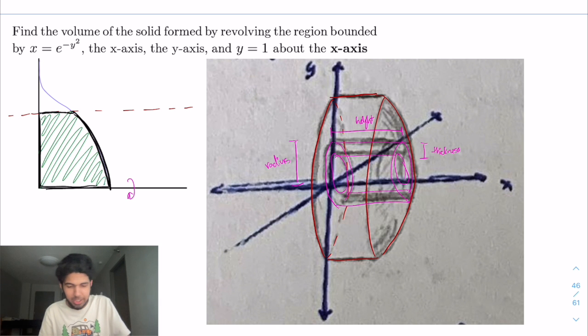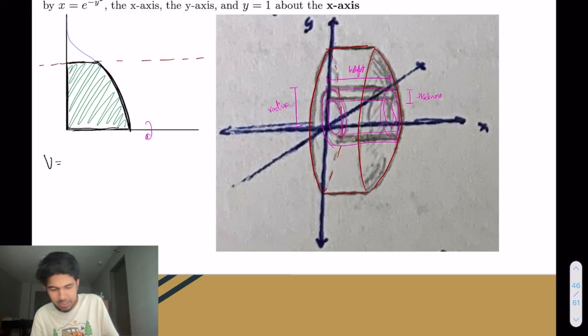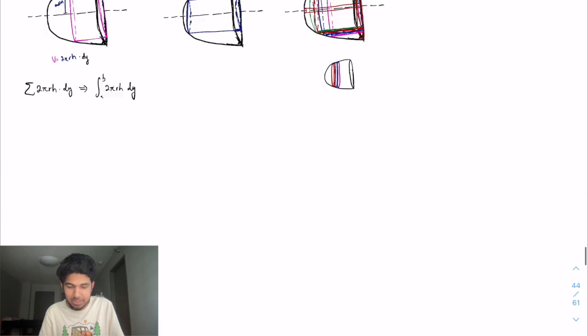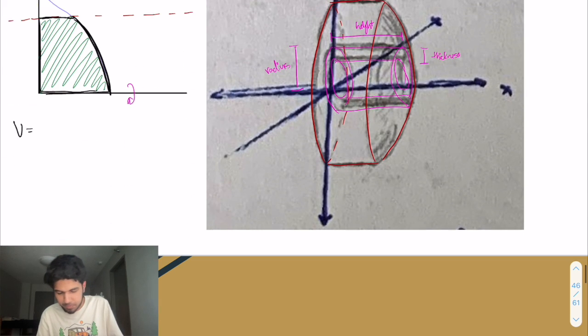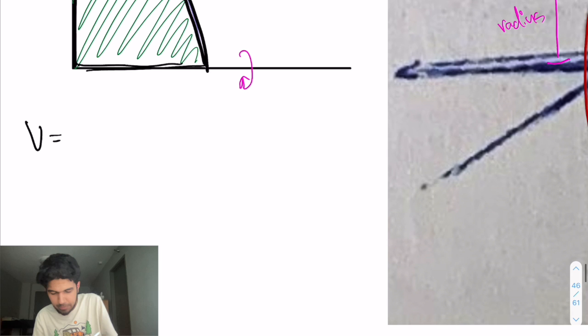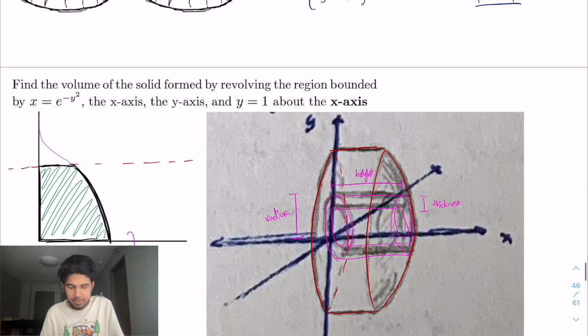Okay, so let's try to compute the volume of it. V is going to equal, let's see, we're doing a horizontal axis of rotation. So if we go back here, we have this equation: V equals 2 pi integral from c to d of r of y times h of y dy.